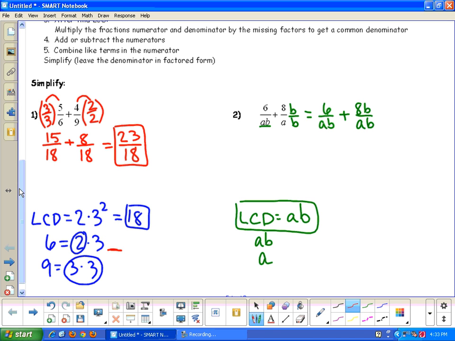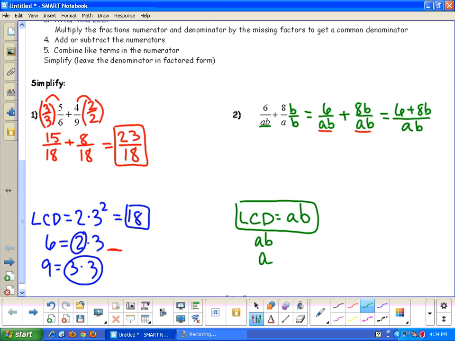Now that I have my common denominator, I can add my numerators all over my common denominator. So this is going to be equal to 6 plus 8b. Those are not like terms, so I can't add them together, all over ab. And then that would be my simplified answer. I can also factor the numerator.